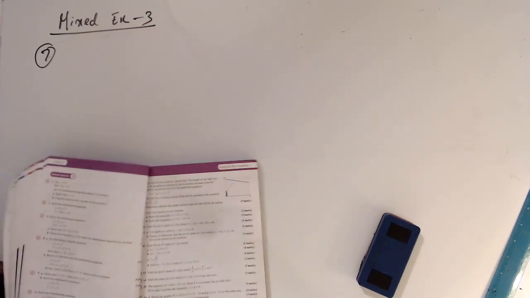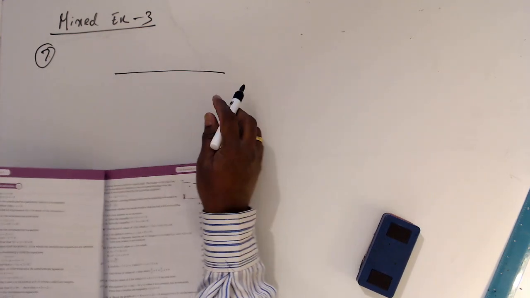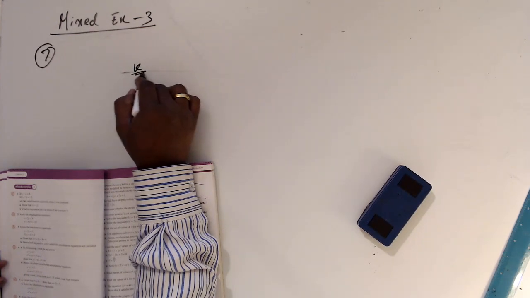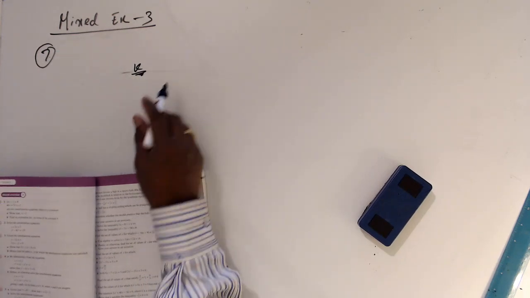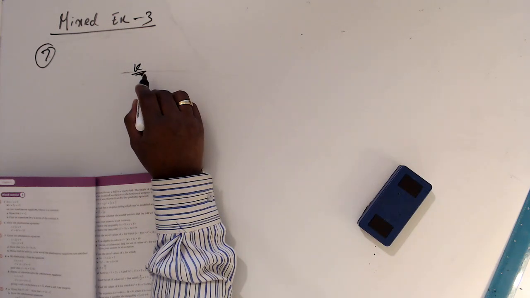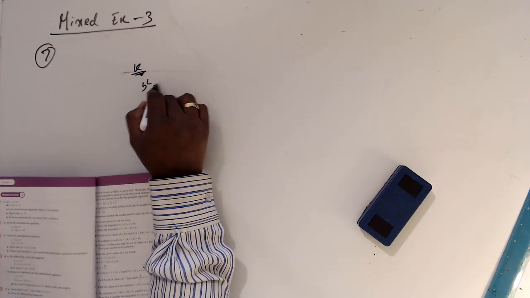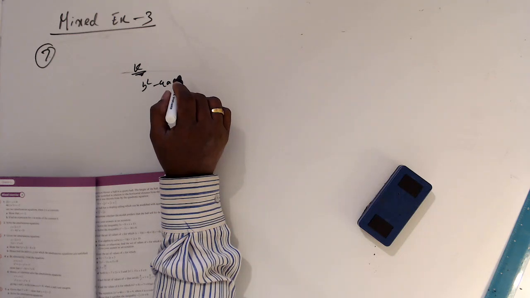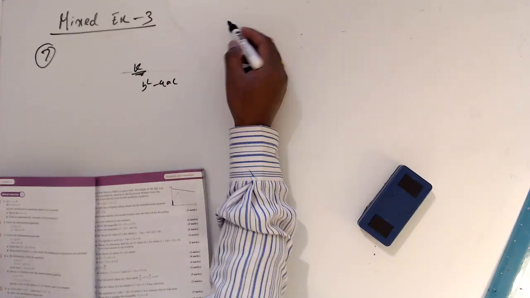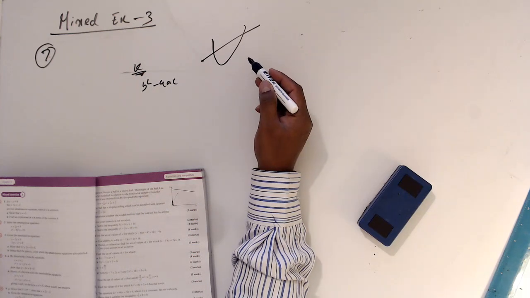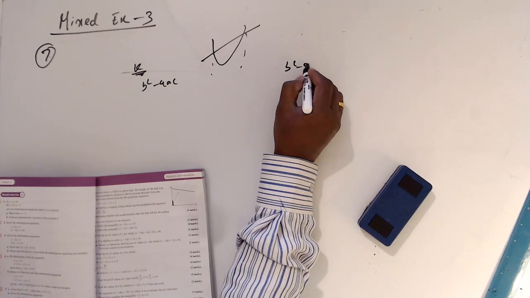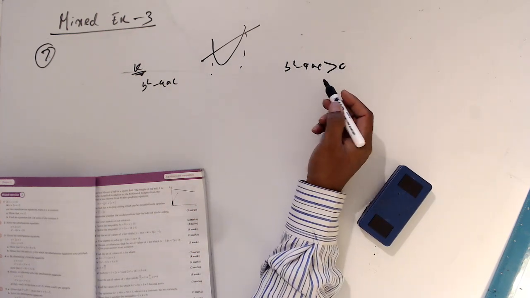So in this kind of sum, we have to make a quadratic equation with k, and then we want to look at the discriminant b² minus 4ac, because single point means one intersection point. Assume this is a quadratic. Now in here there are 2 points. It means b² minus 4ac greater than 0.